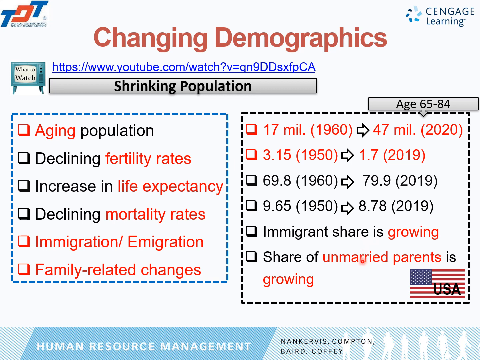Other important things that have been taking place, as I mentioned, family related changes, for instance, the share of unmarried parents in the United States is growing. That means that actually there are families out there where the wife and the husband are actually not married but they live together.